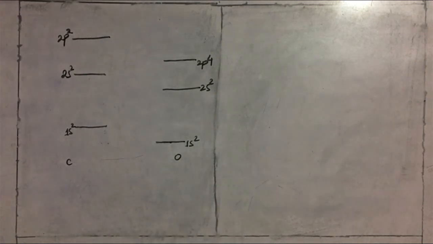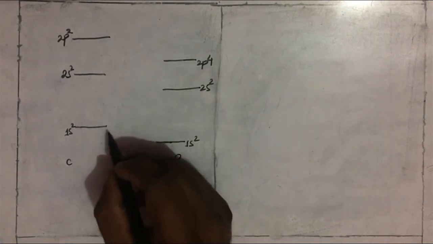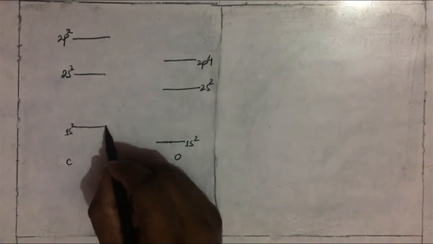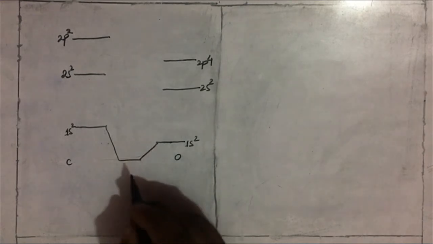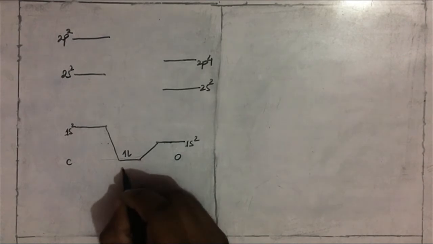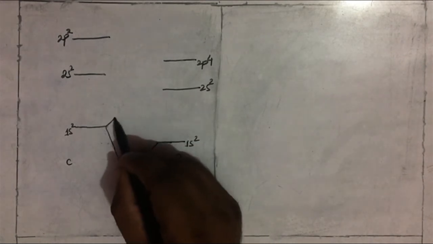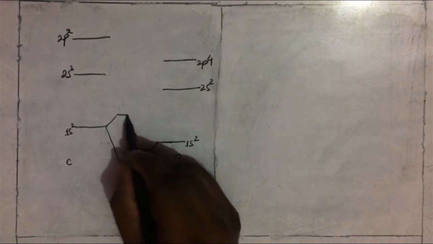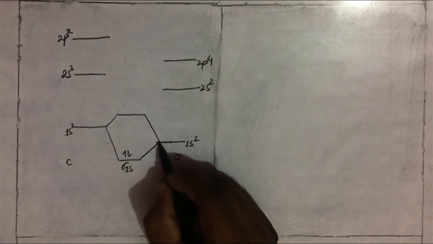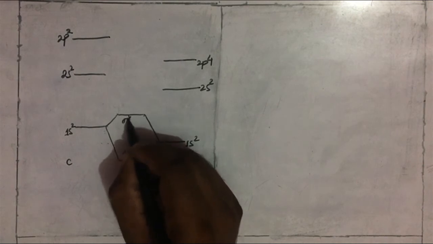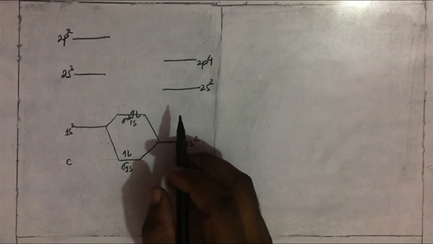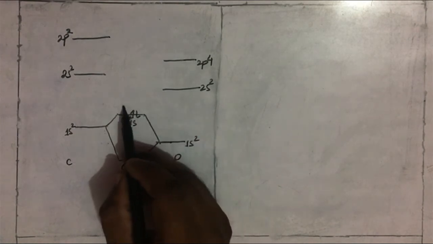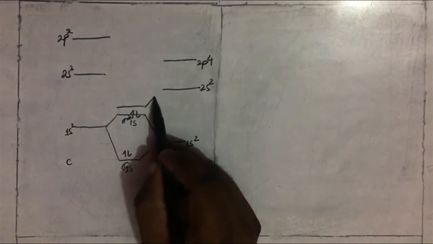So if we draw bonding, here forms sigma bonding with sharing of electrons, sigma 1s, and here this forms anti-bonding, sigma star 1s, and 2s forms non-bonding.